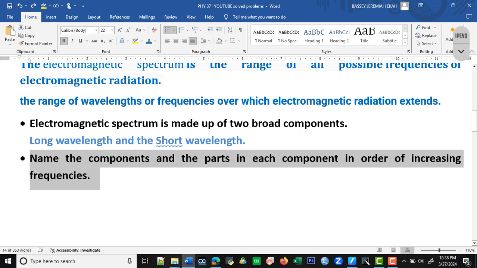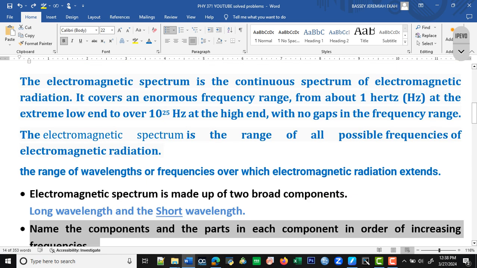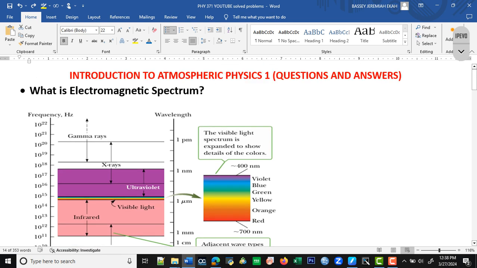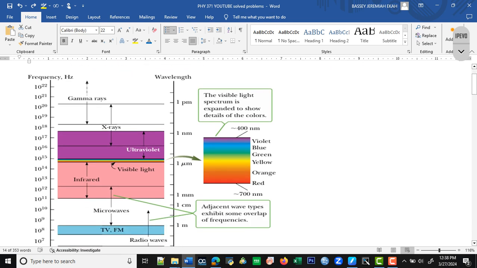Name the components and the parts in each component in order of increasing frequency. Let's go back to the figure. Order of increasing frequency: look at the frequency.